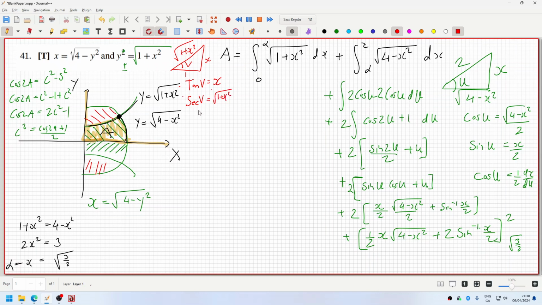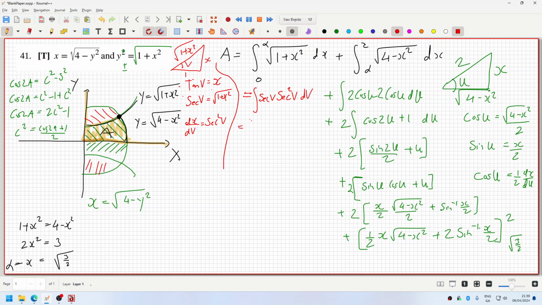Then the derivative here, so you can have dx dv equals sec squared v. So this integration becomes the integration sec v times dx, which is sec squared v dv.